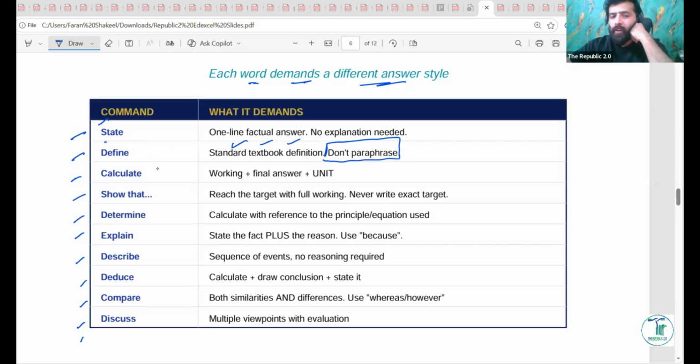Then if you've got some sort of a calculation related question, it can be of a 2, 3, or a 4-marker question even. These questions, whether you talk about state or define, maximum they got you 2 marks, right? Or a 1 mark for a definition as well. But when he's talking about the calculation, remember, you guys need to show the working, final answer, and unit.